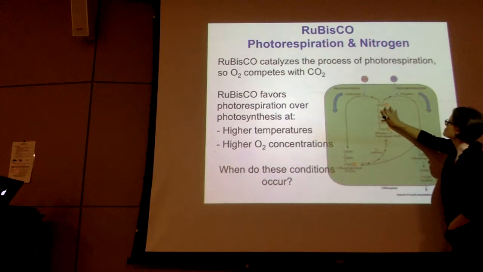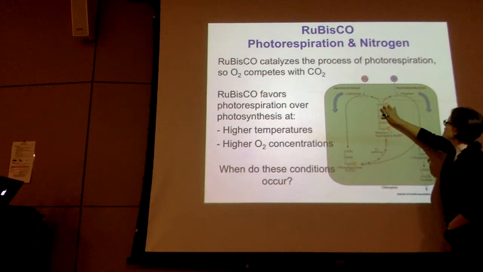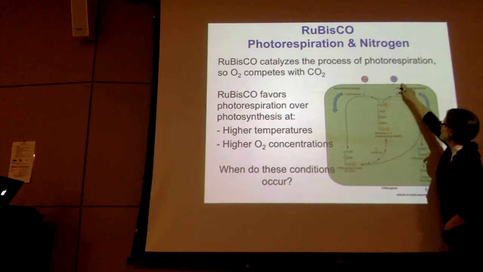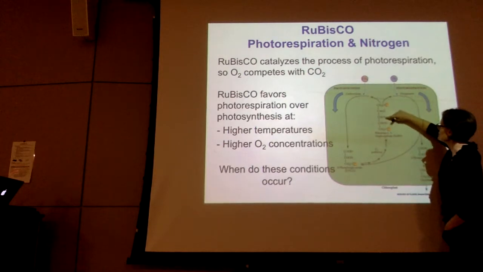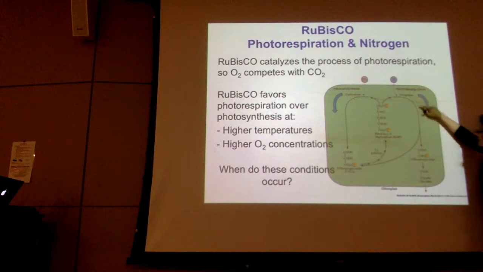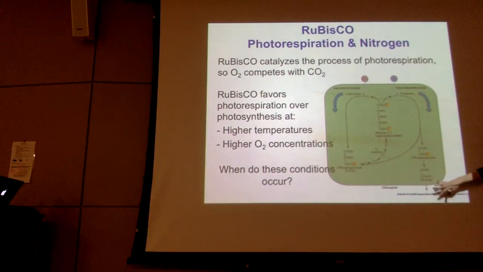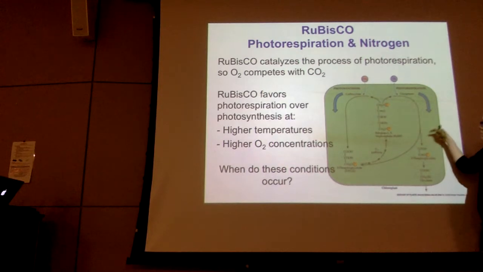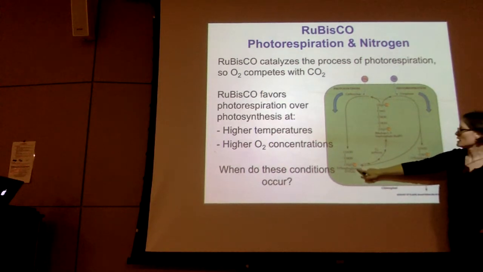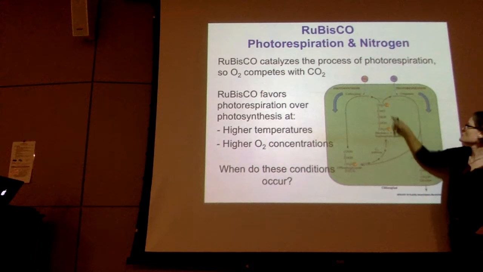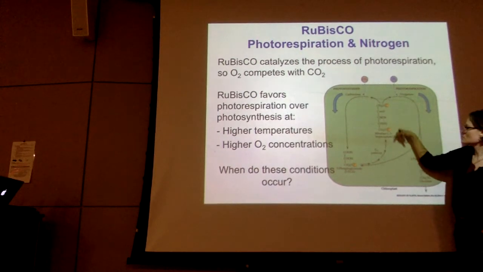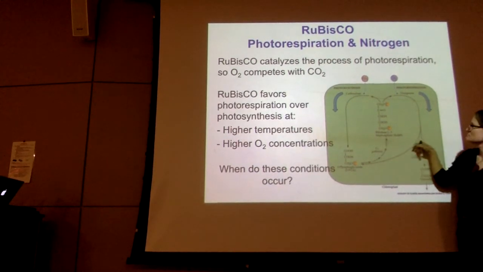But in the case where there's too much oxygen around, Rubisco will actually add oxygen to RuBP, and instead we get glycolate, which not only doesn't make glucose, but it also steals RuBP. It doesn't allow it to go back into the pathway.